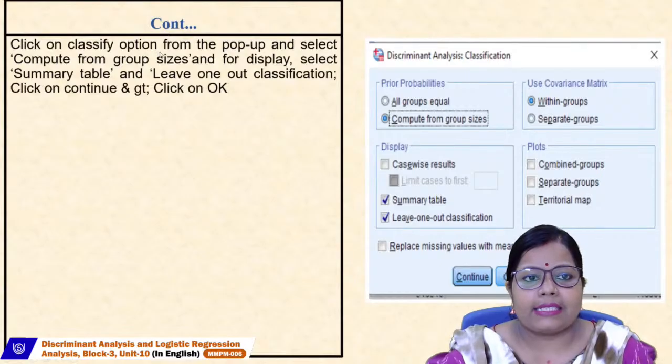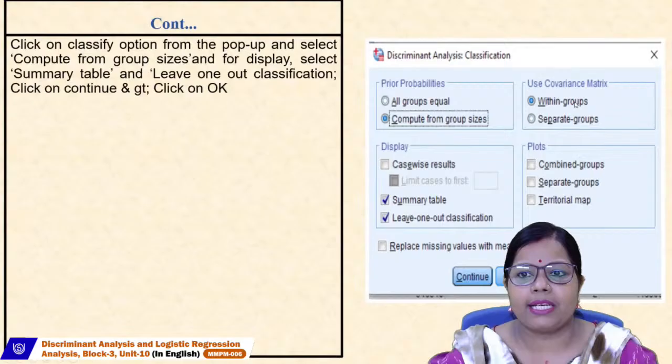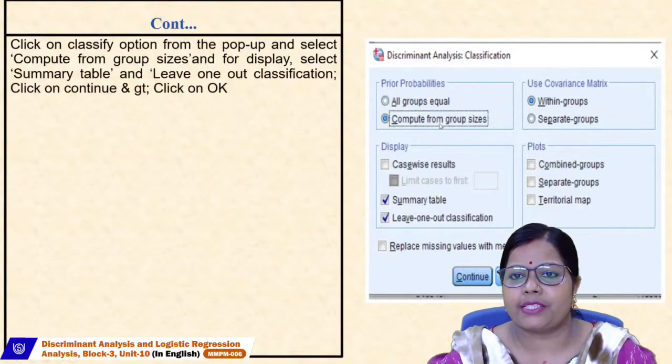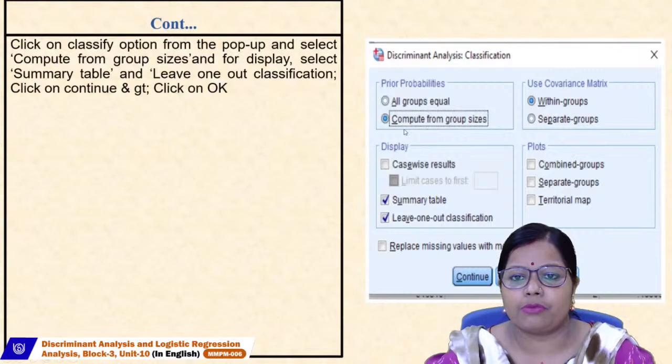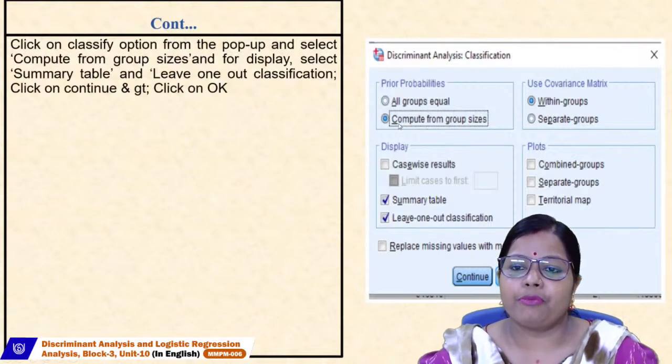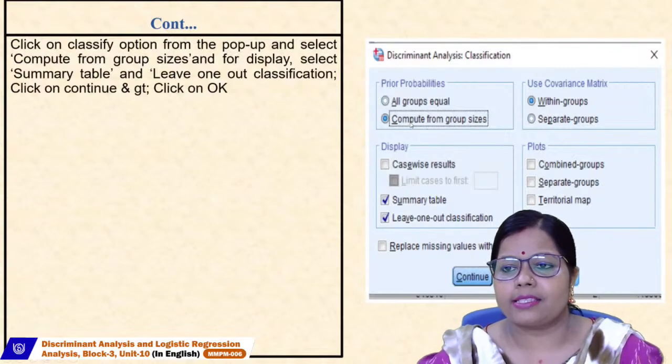After that, select the classify option from the pop-up and select compute from group sizes. For display, select summary table and leave-one-out classification. For prior probabilities, we have to go for compute from group size, not all groups equal, because we are interested in compute from group size in discriminant analysis.